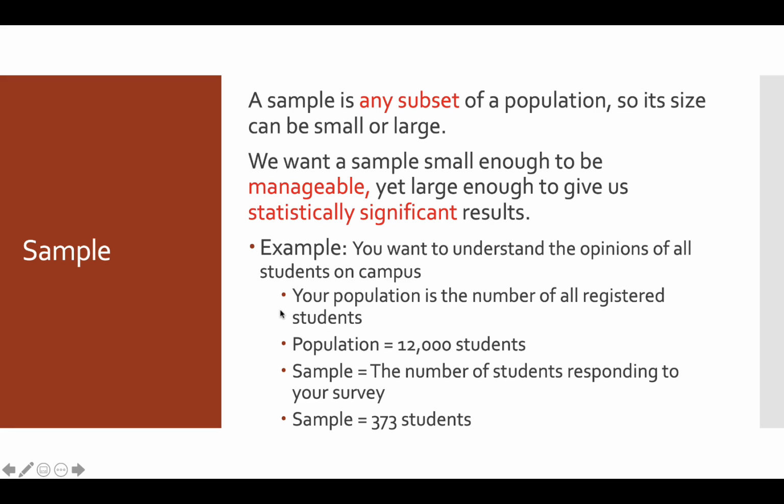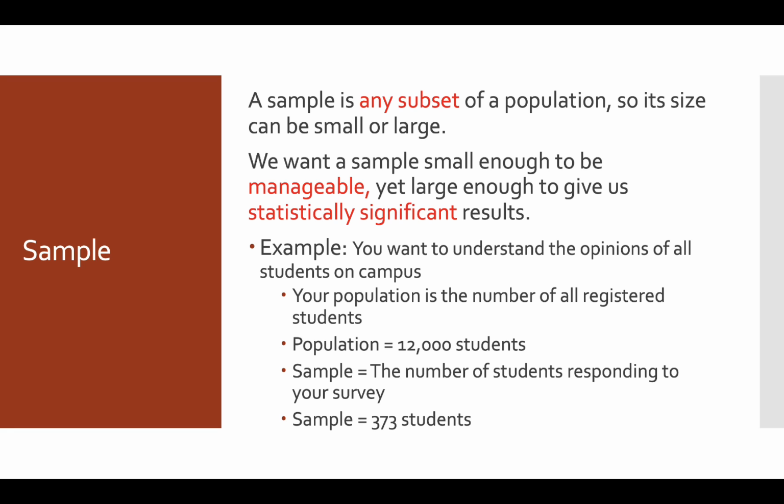So my example here is, okay, you want to understand the opinions of your students on campus. Maybe you want to know what their opinions are on online versus in-person classes. So your population is all the registered students. I have a population estimate of 12,000. Now your sample is going to be the number of students responding to that survey.